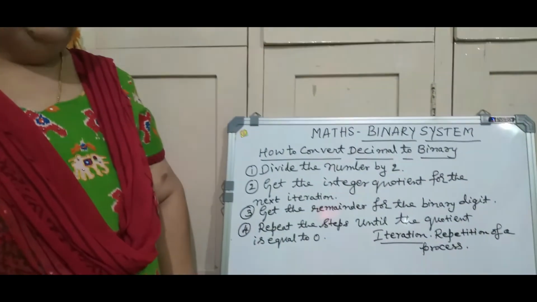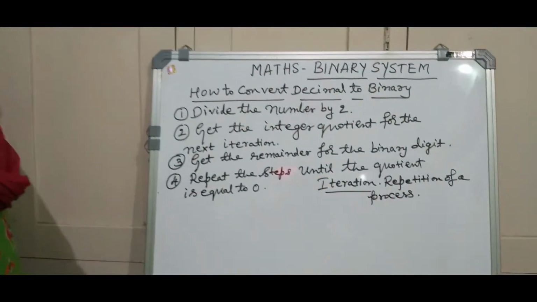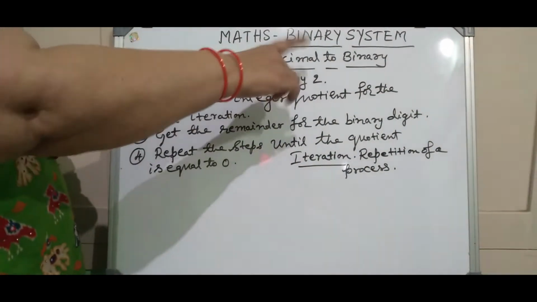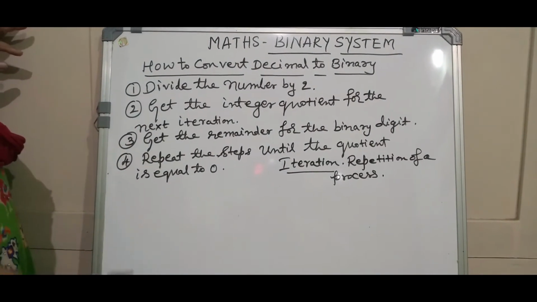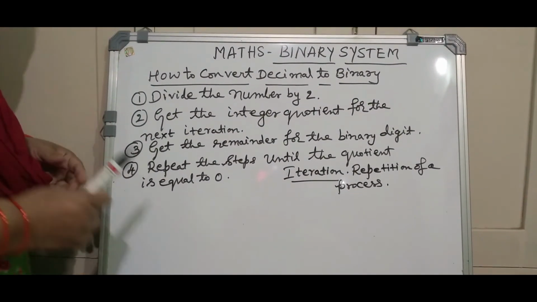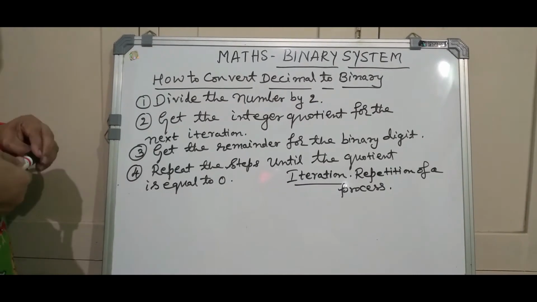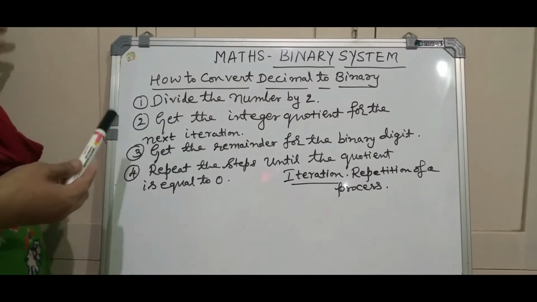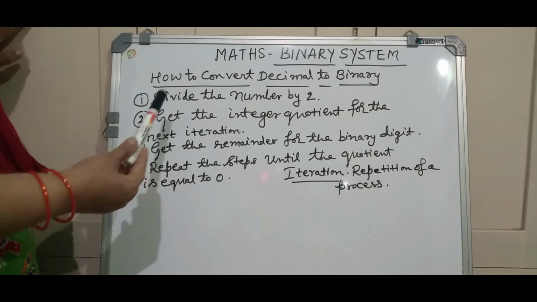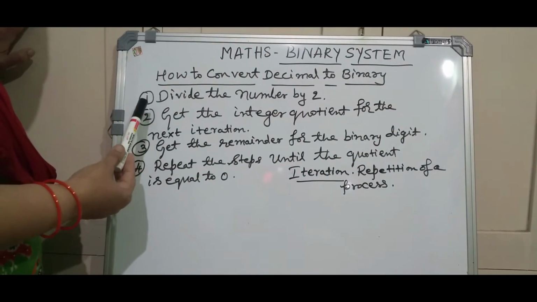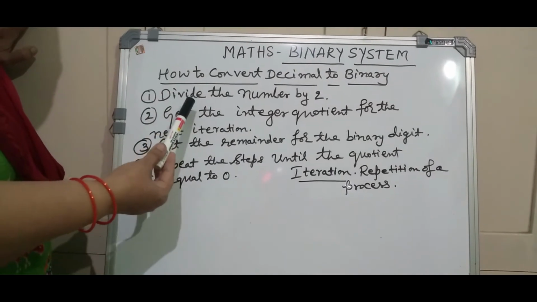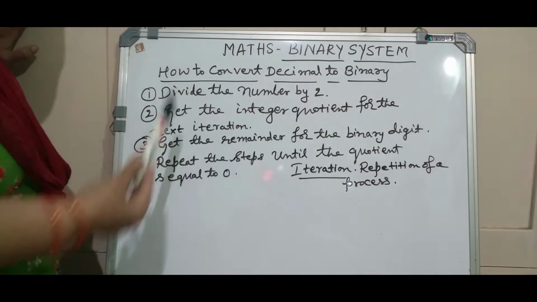How to convert decimal to binary, decimal system to the binary system. So here I have written the procedure, that is how to convert. You can follow these steps while converting the decimal number to the binary number. First point is divide the number by 2.